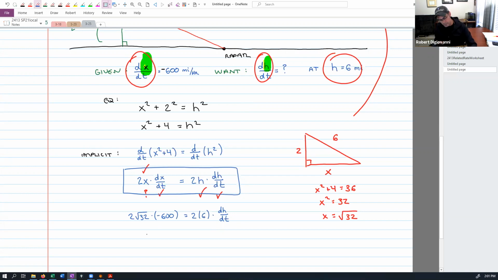On the left side, I'm getting negative 6788.23 equals 12 times dh/dt. And then just divide by 12. I get negative 565.69 is dh/dt.